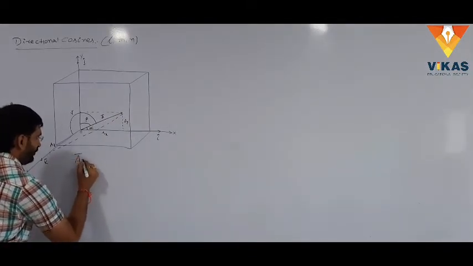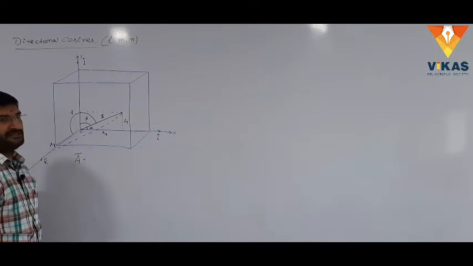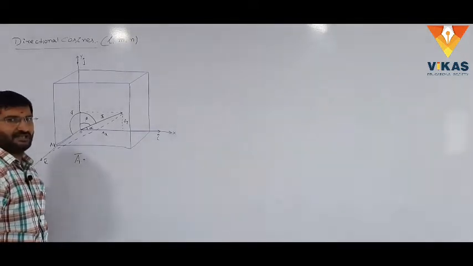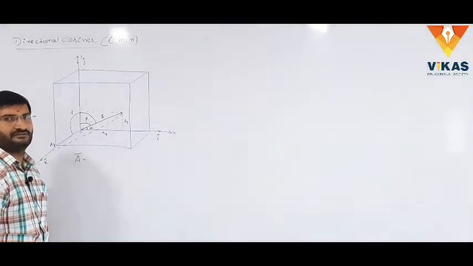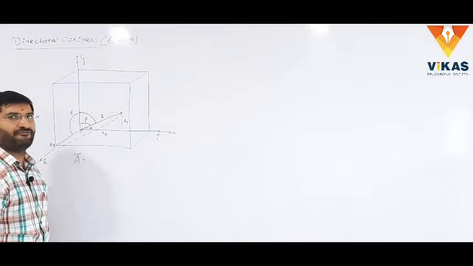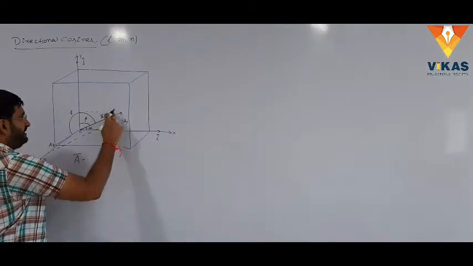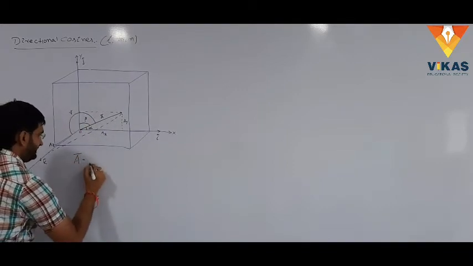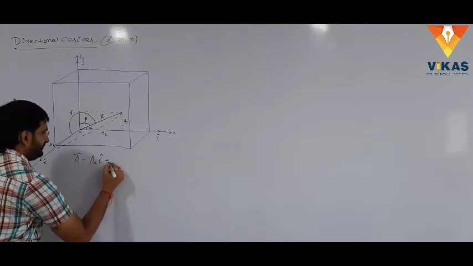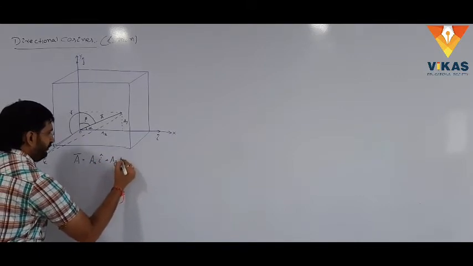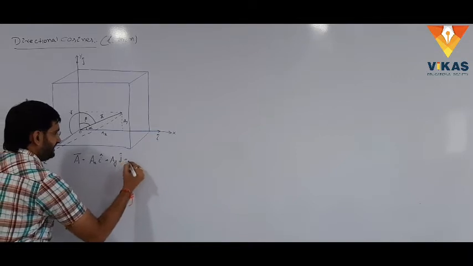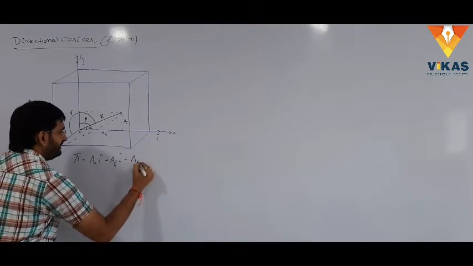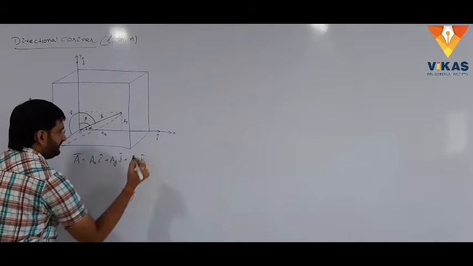Generally, a vector has two properties. One is it shows the magnitude. Second, it has direction. And third, it obeys the law of vector addition. Here, the OA bar is a vector which lies in three-dimensional space. That's why it can be represented along the x direction as ax into i cap, along the y direction ay into j cap, along the z direction az into k cap.